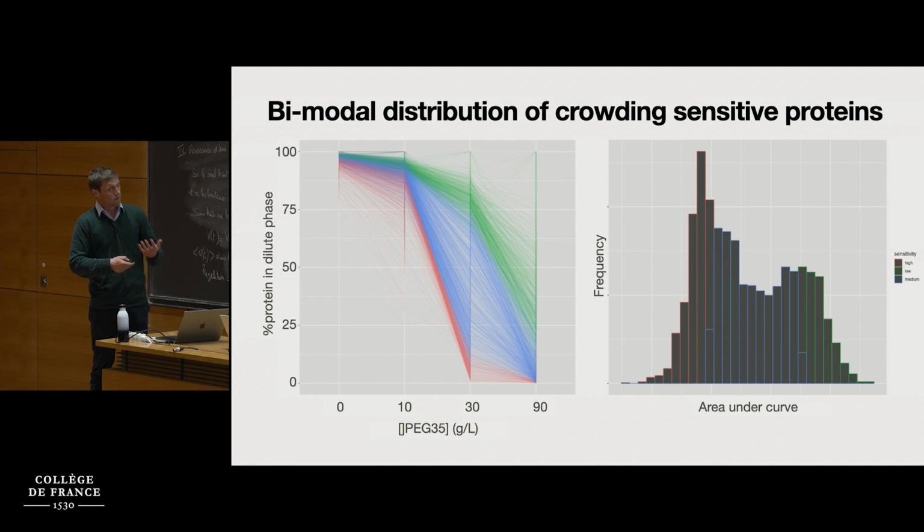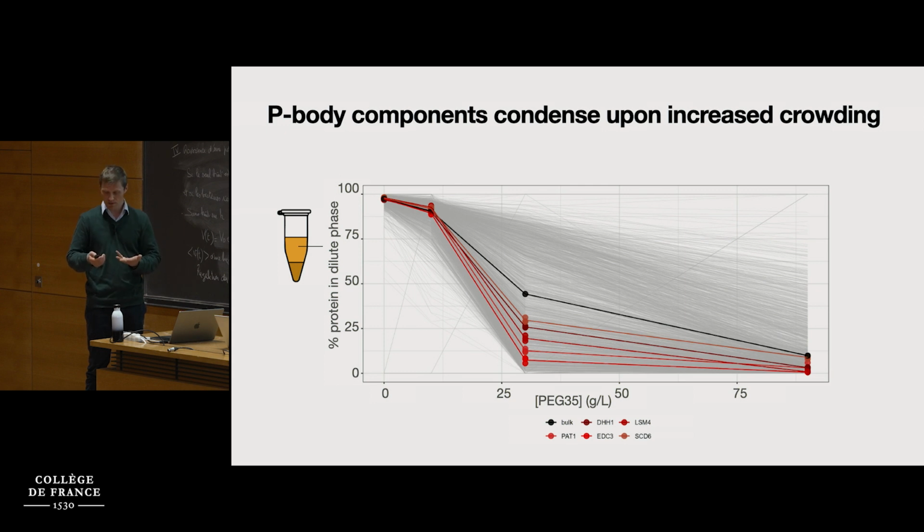Now, apart from maybe learning what protein features make proteins crowding sensitive and make them go into this dense phase, we could also look at individual proteins and see if the data makes any sense. We looked at components of P-bodies.